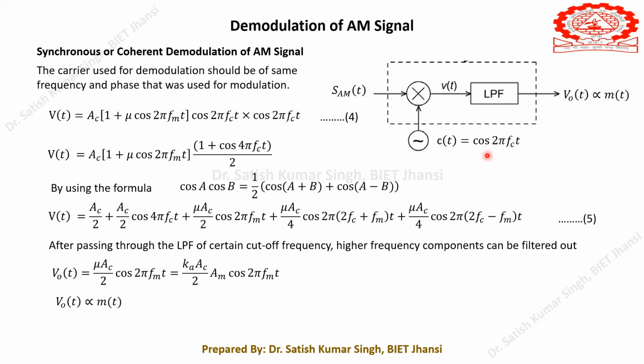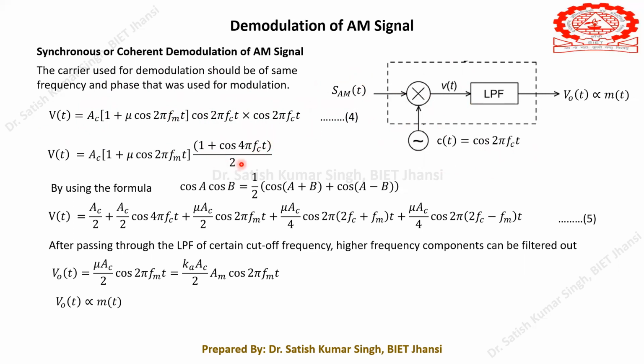After multiplying these two, we can easily show that it will become cos square 2 pi fct, and if you further expand it by the formula, you will get 1 plus cos 4 pi fct by 2.